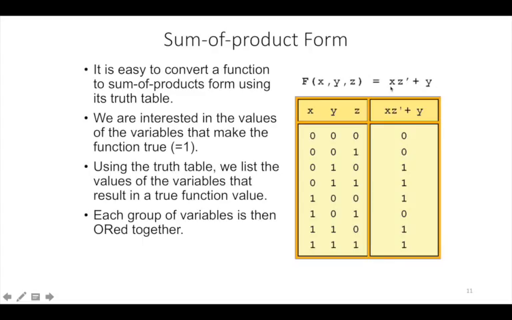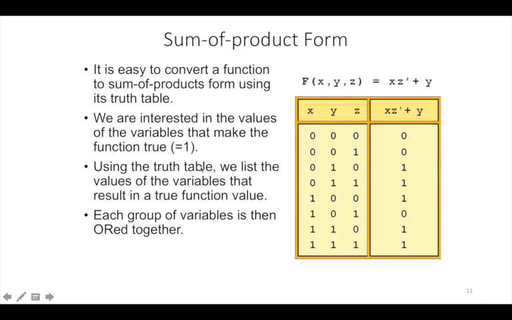To transform the function into sum of products form, we first represent the function f in a truth table, where we care about the variable combinations that make the function equal to 1, or true.